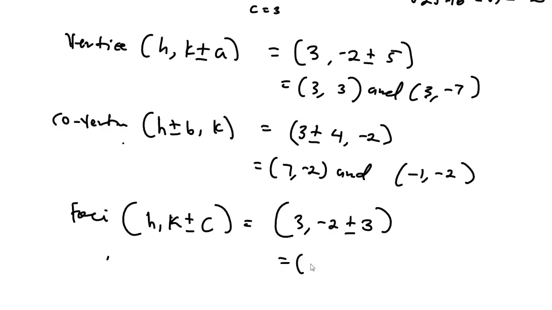Then this gives us (3, 1) and (3, -5). Okay, so we have all this.